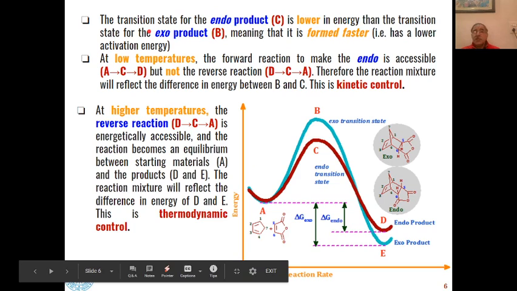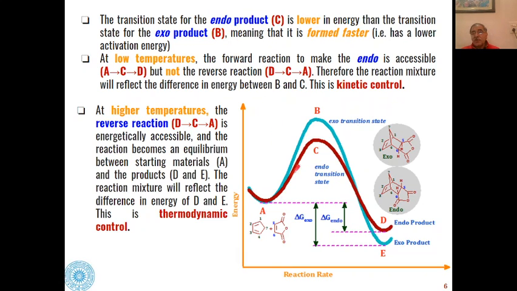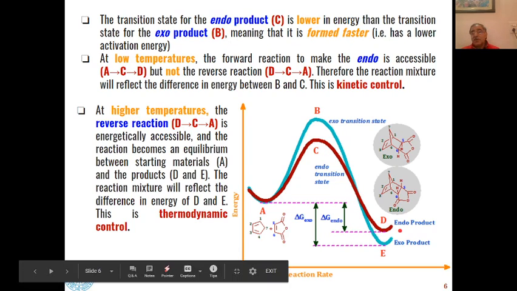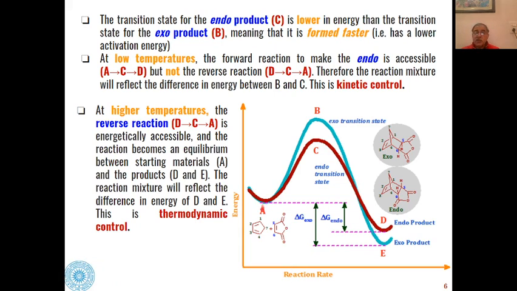Now if you see the transition state for the endo product, this red one is the energy profile diagram for the endo product. So these are the reactants.